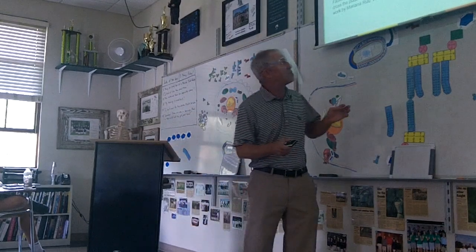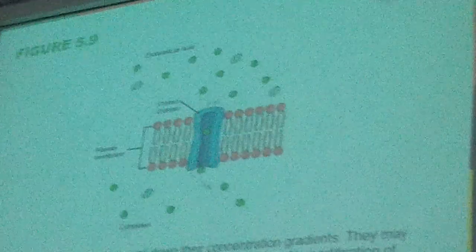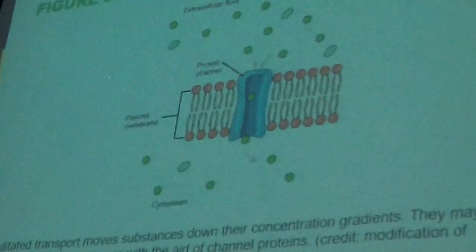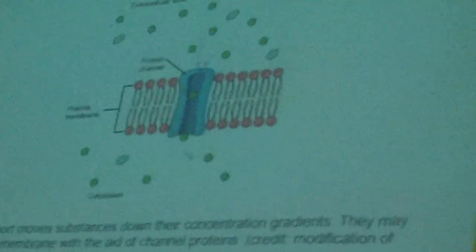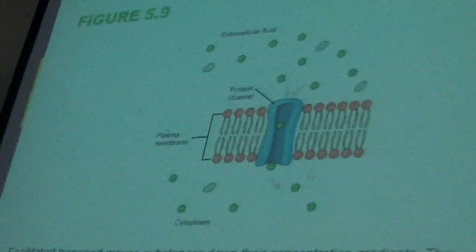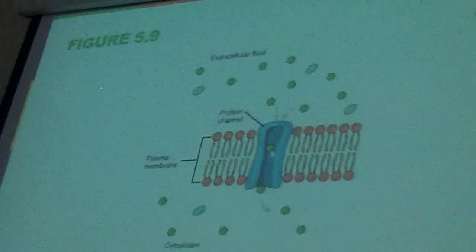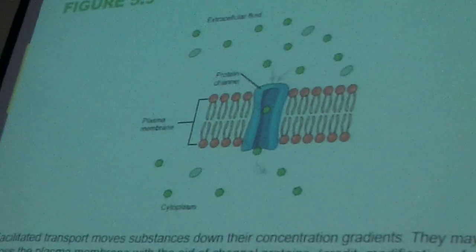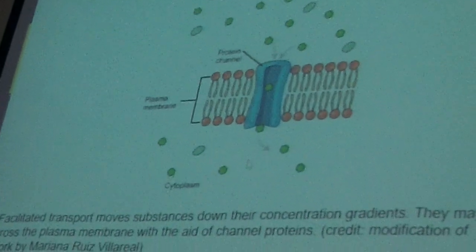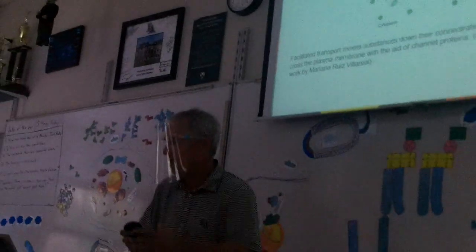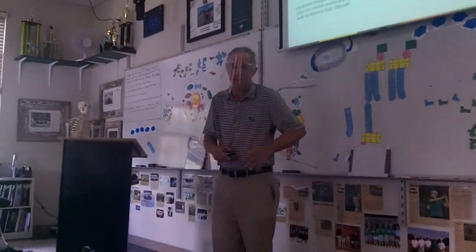The protein here is a facilitator. It makes it easier for the molecules to diffuse. These look like they're glucose molecules. They're probably too big to get through the membrane, so they have to go through a channel. The channel's got a hole big enough to let that sugar through.